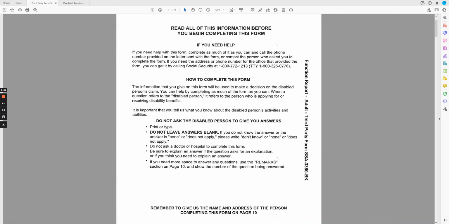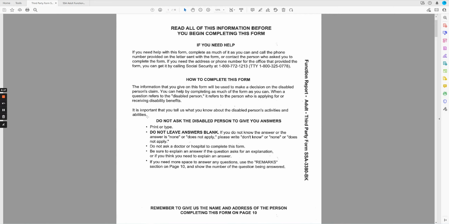So what you'll notice with a lot of these questions is that there are a lot of questions about the person's functional capacity now, their ability to grocery shop or their ability to sit, stand, walk, and lift. What Social Security is trying to figure out is if this person can work at a full-time job. That's why some of these questions are being asked the way they are.